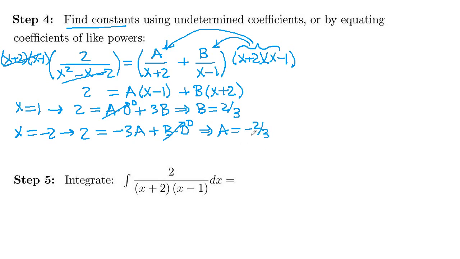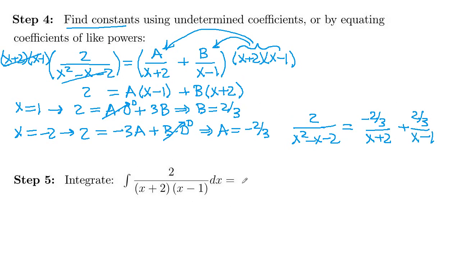And if you'll remember, those are exactly the coefficients that we had when we simplified the expression of this form. They were 2/3 and negative 2/3. So what does that mean? That means that this 2 over x squared minus x minus 2 is equal to a, which is negative 2/3, so negative 2/3 over x plus 2, plus b we found was positive 2/3 over x minus 1.